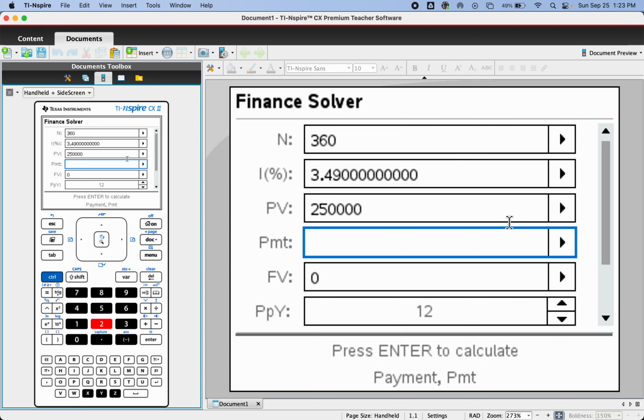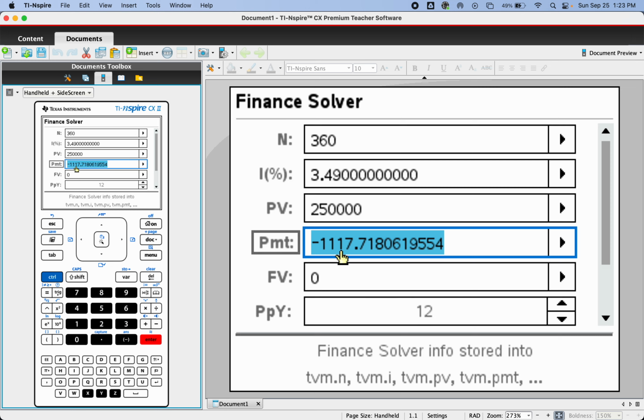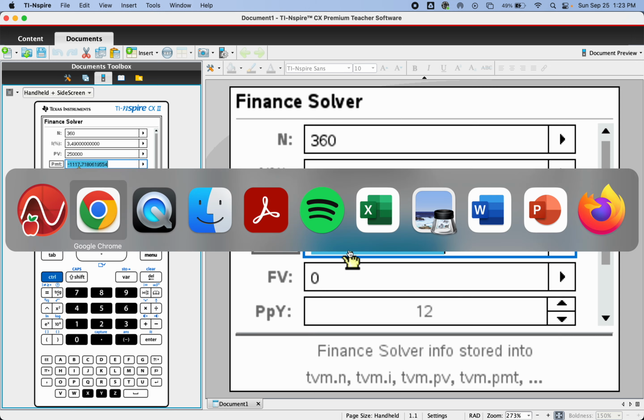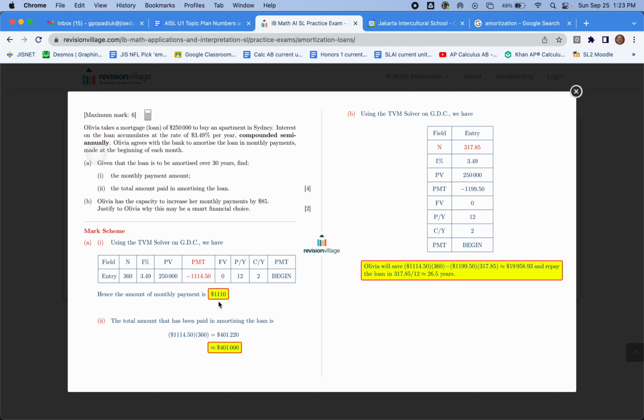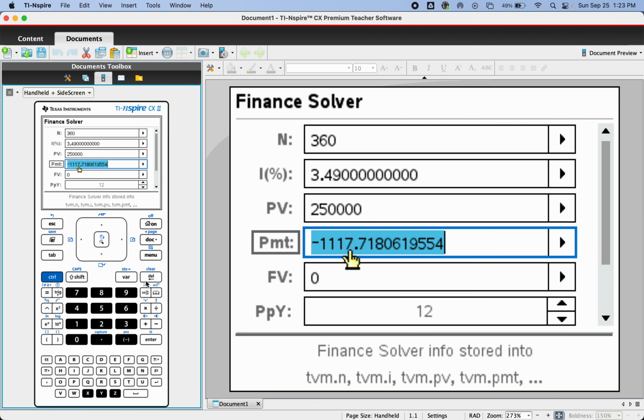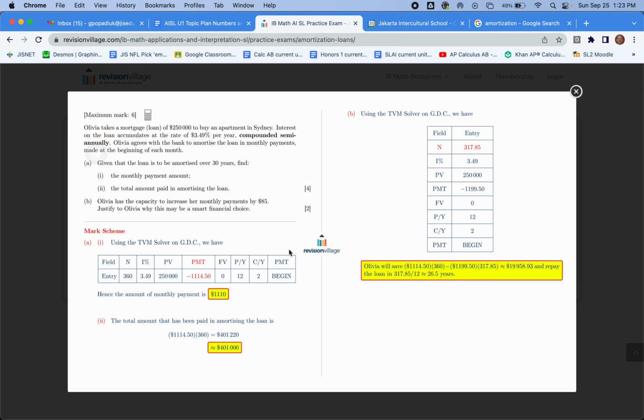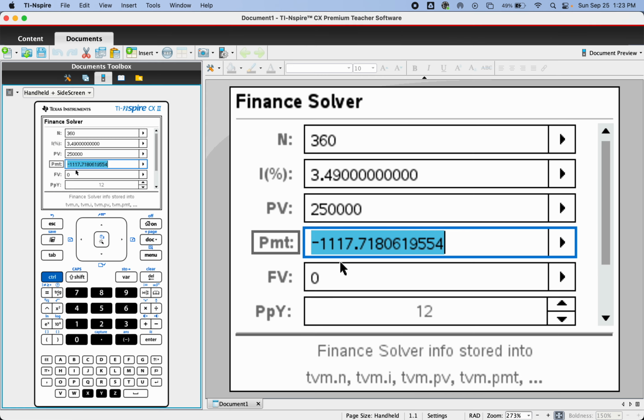If we go back to payment and push enter, we get 1117.71. Let's check that. Why is this off a little bit? 360, 3.49 is right. Future value 0. 12 and 2.